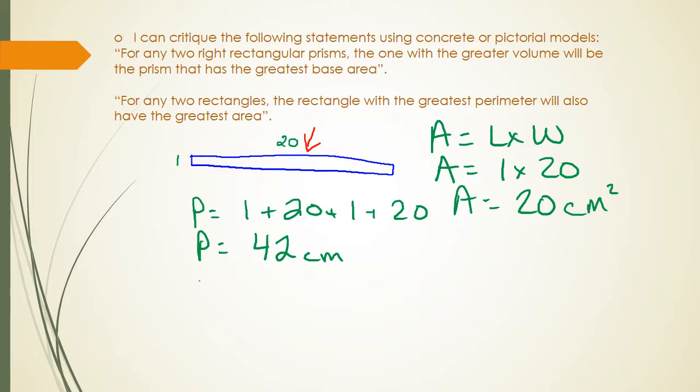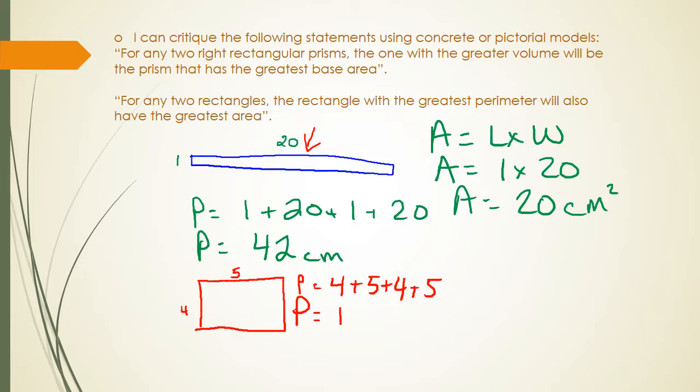Okay, so let's change my perimeter and let's make it 4 and 5. Okay, so perimeter equals 4 plus 5 plus 4 plus 5, and that adds up to 18.